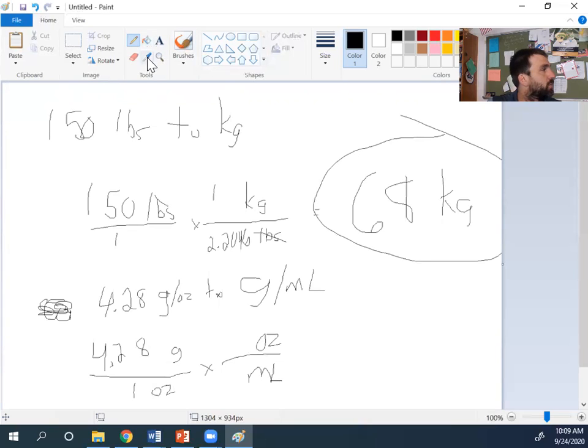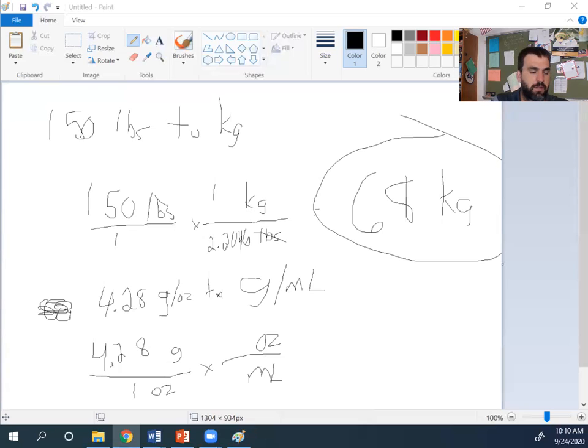I can't go from ounces to milliliters from this chart, so I'm just going to Google. So then you're just going to Google how many milliliters in an ounce. That's not all the conversion factors. Okay.